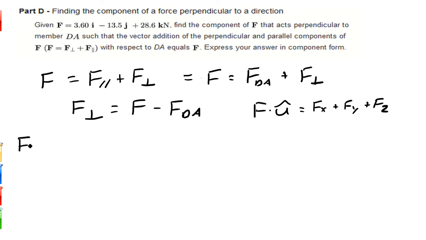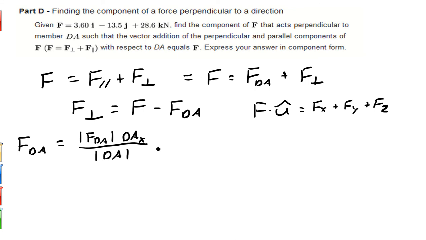So let's start out: F dA is going to be equal to the magnitude of F dA times our dA position vector in x, divided by the magnitude of dA.